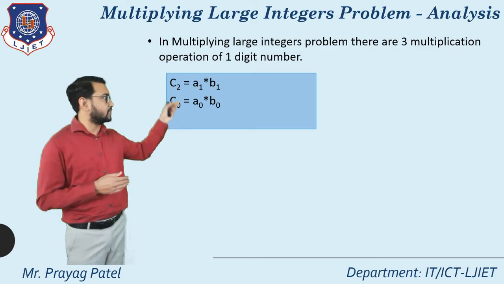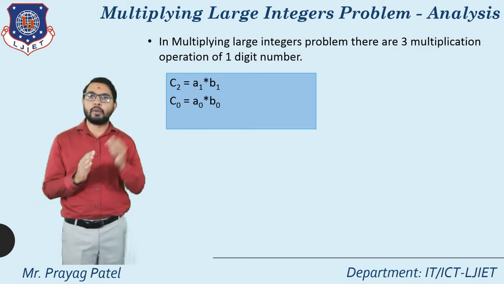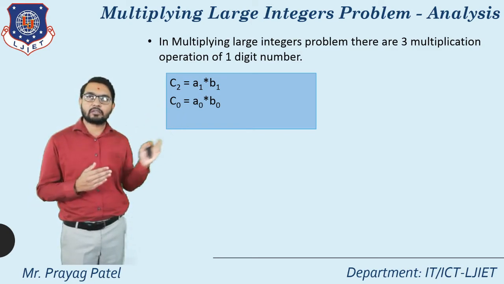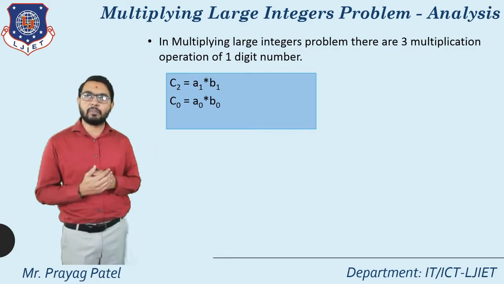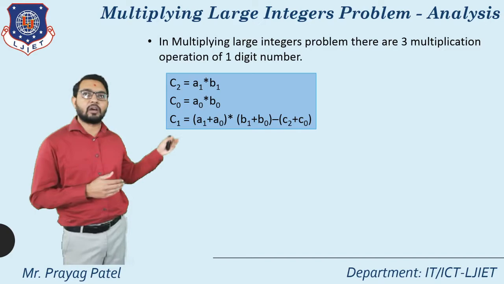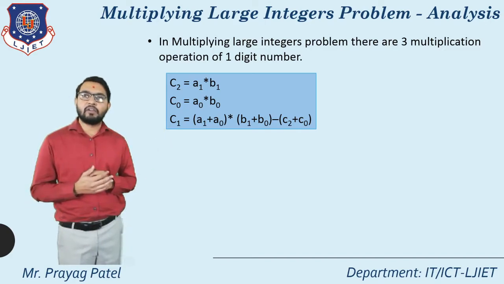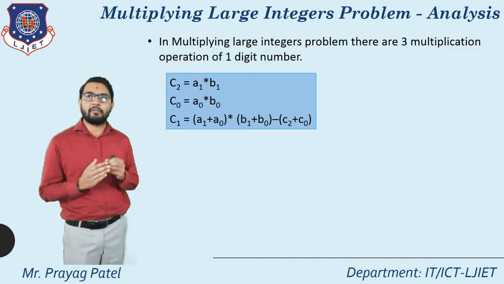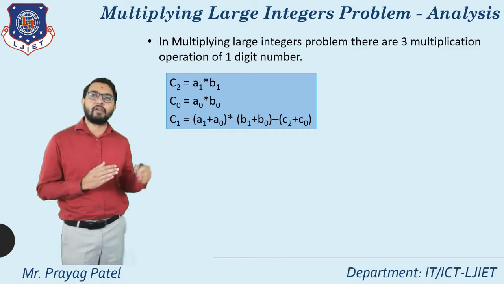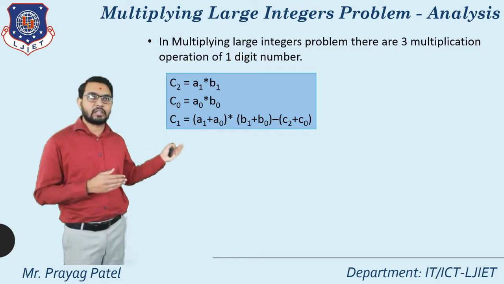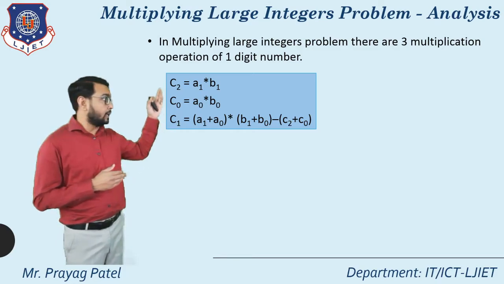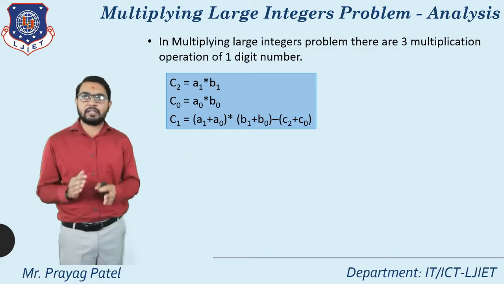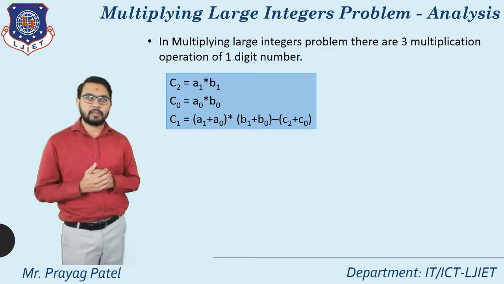Now the second equation is C0 equal to A0 multiplied by B0. In this case also there is one multiplication of one digit numbers. Now consider the third term, C1. In the C1 term, we first multiply A1 plus A0 with B1 plus B0. So in this third equation there is another multiplication, and these three multiplications are considered one digit multiplications.